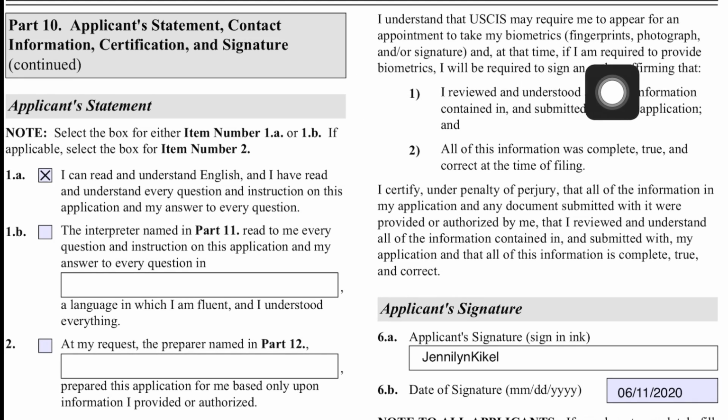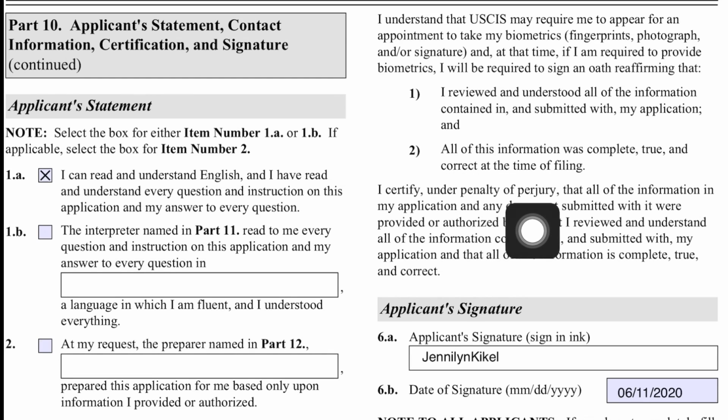And at that time, if I am required to provide biometrics, I will be required to sign an oath reaffirming that I reviewed and understood all of the information contained in and submitted with my application, and all of this information was complete, true, and correct at the time of filing.